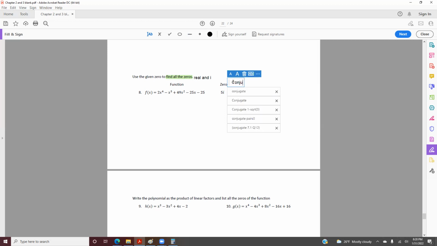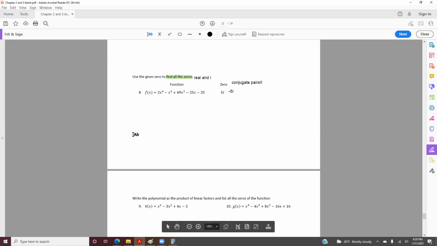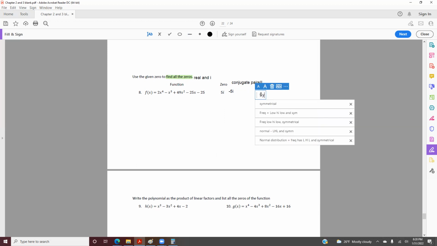So this is again a very, very important class. In a test, usually I provide you one, and for the other one, make sure you know how to do it. Again, in order for us to prove that this is a zero of this function, you have to perform synthetic division.